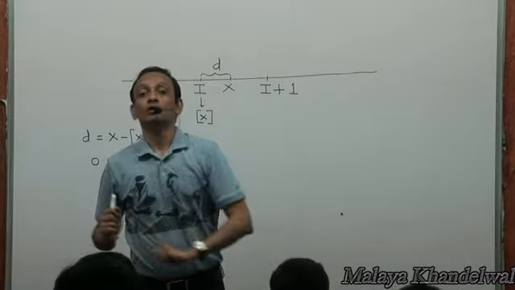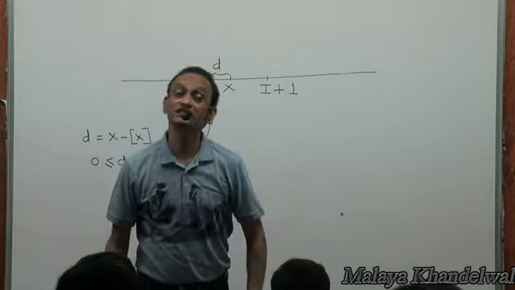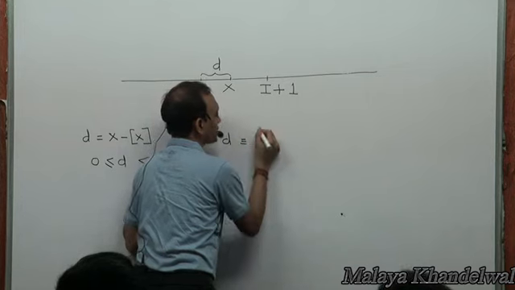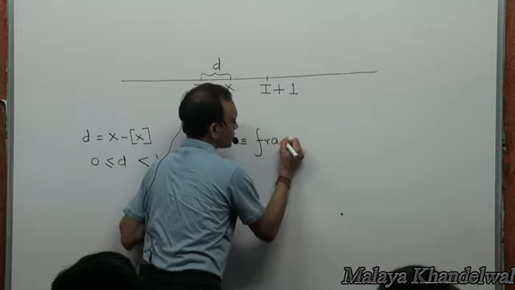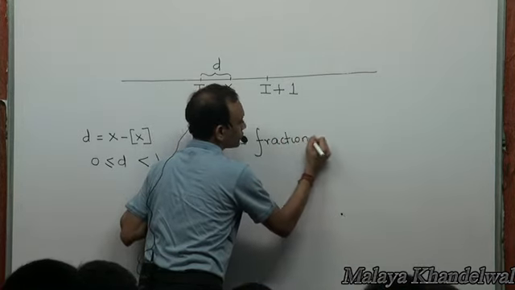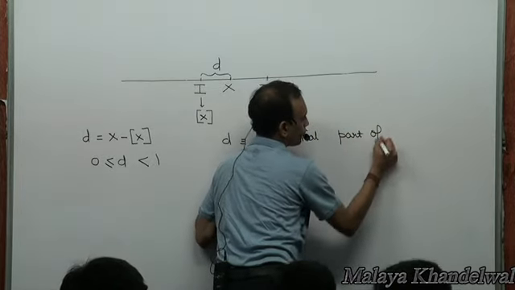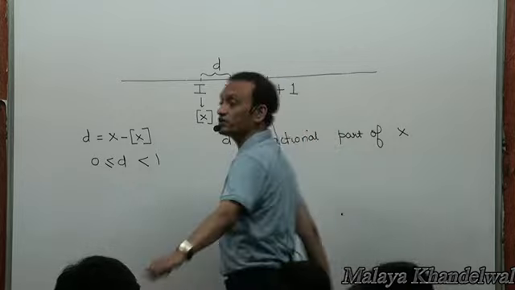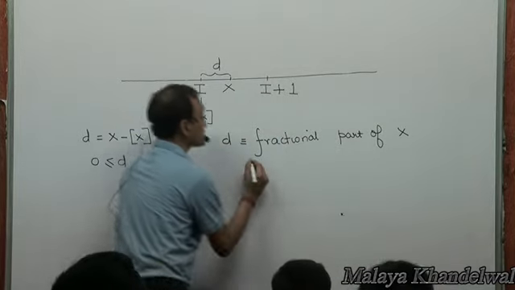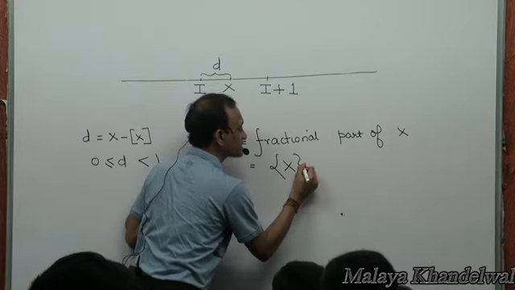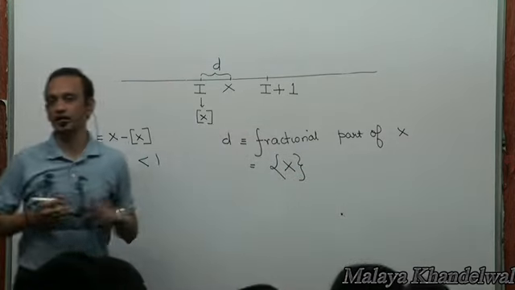This d is called the fractional part of x, and is customarily designated as curly braces around x.